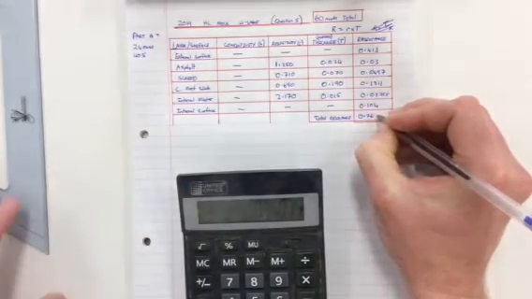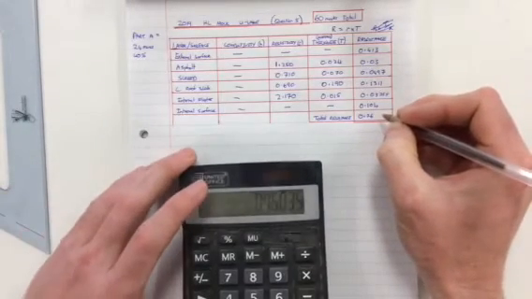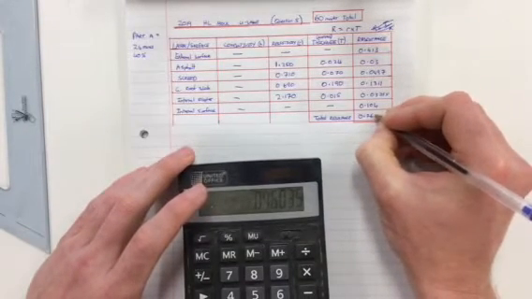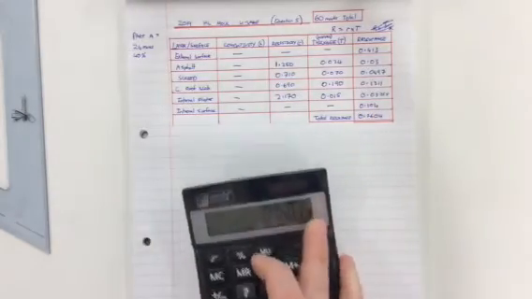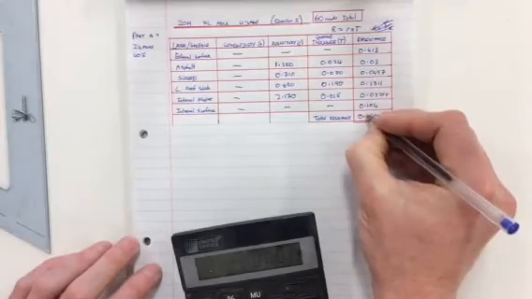Okay, if we're to go another step further, we go 0.4. Okay, just to be clear. All right, so now that's our total resistance there.